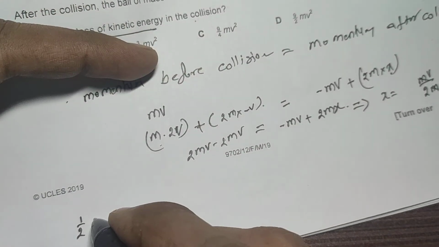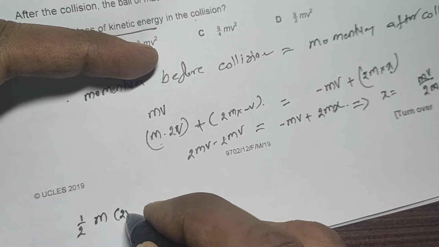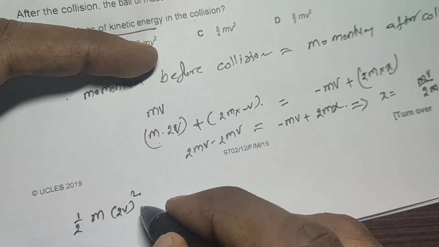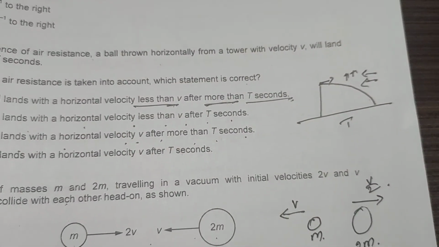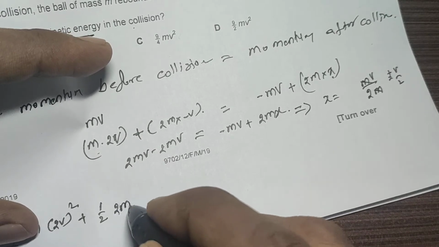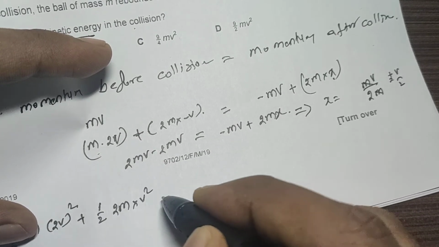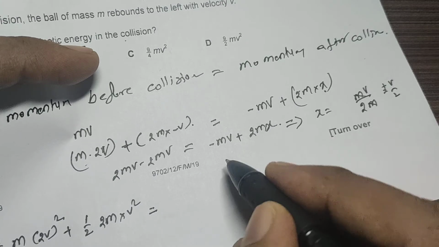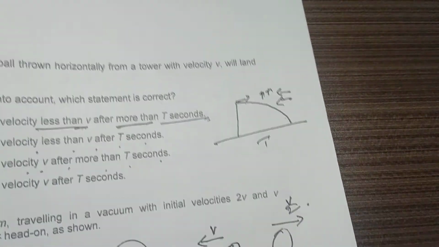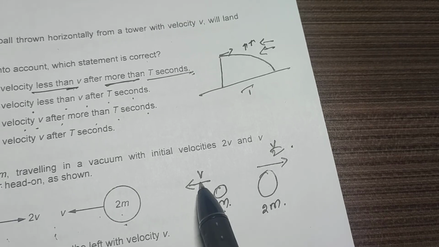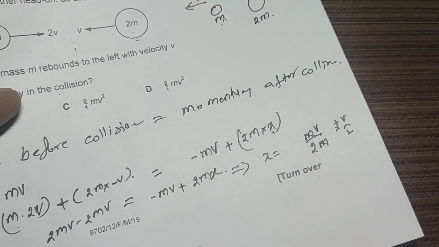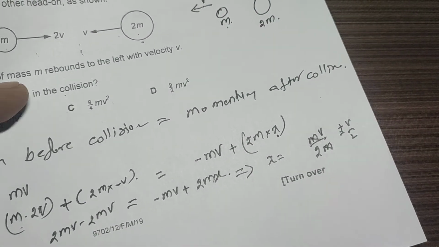So half mass times velocity squared, so half m (2v) squared, plus half the mass of the second object, which is 2m, velocity is v, so half 2m times v squared, right? Then minus the kinetic energy after collision. The mass is m, velocity is v. So half, minus, right? This should be minus.